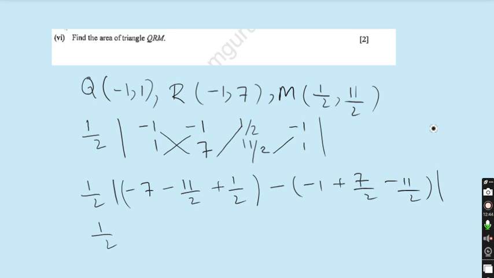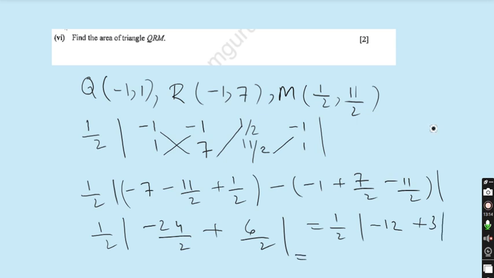Simplify, minus 7 minus 11 upon 2 plus 1 upon 2 is minus 24 upon 2. Simplify, minus 1 plus 7 upon 2 minus 11 upon 2 plus 6 upon 2, which is very easy. 24 upon 2 is minus 12 and 6 upon 2 is 3.